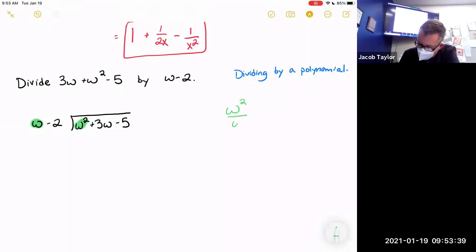W squared divided by w is indeed w. So the answer there is w, and I'm going to put the w in my problem on top of the w that I already have. So I'm going to put the w right there on top of the 3w. I want all the plain old w's lined up, one on top of the other.